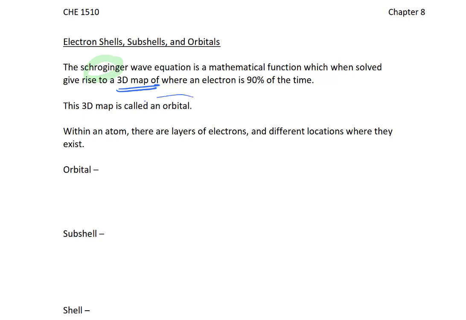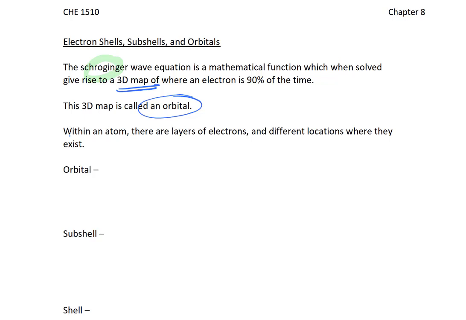This 3D map is called an orbital. Within the atom, there are layers of electrons and locations where those electrons can live. This is kind of like the layers of your address for your house.